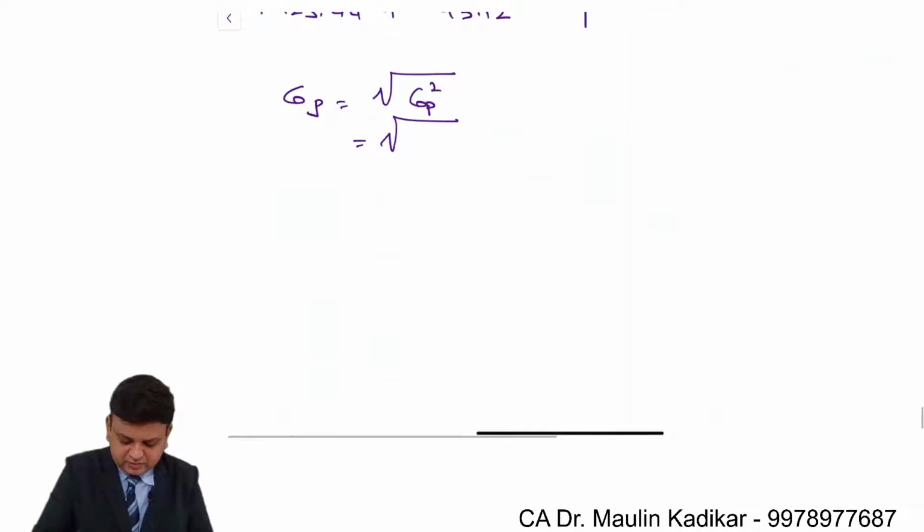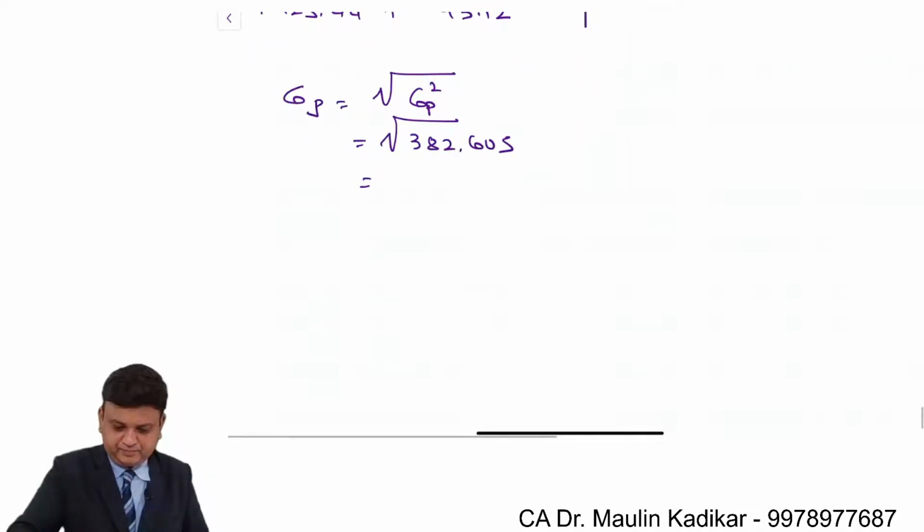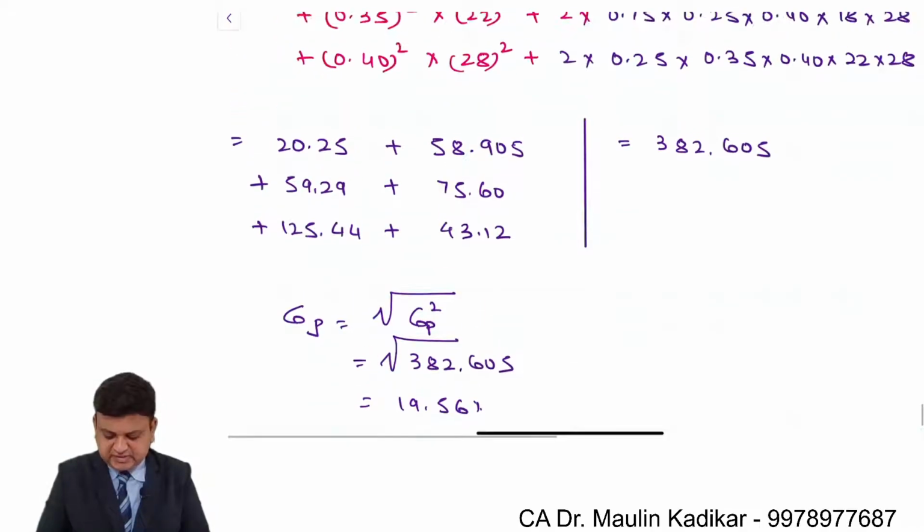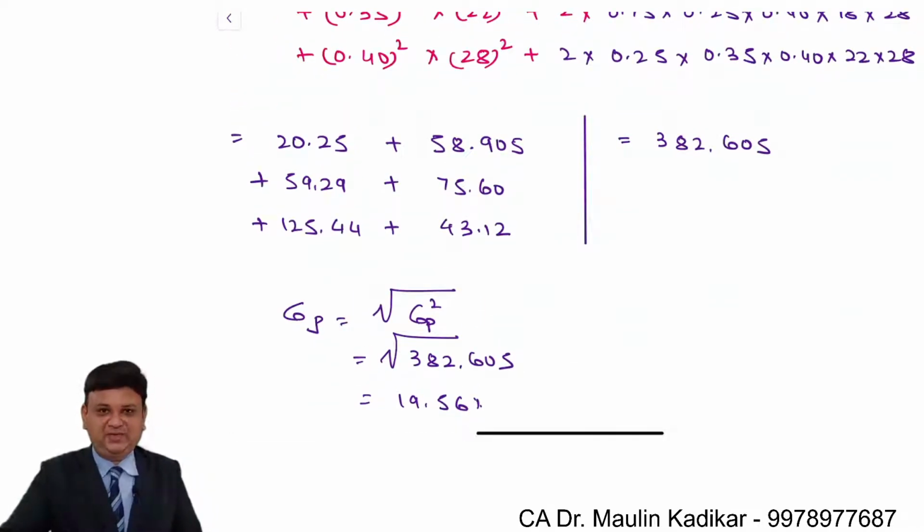So the square root of 382.605 is 19.5603. So it is 19.56%. That is the way the standard deviation of the portfolio can be found.